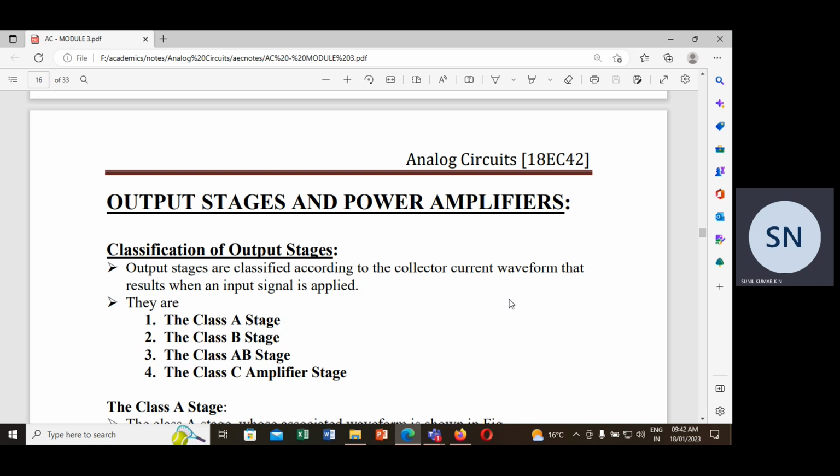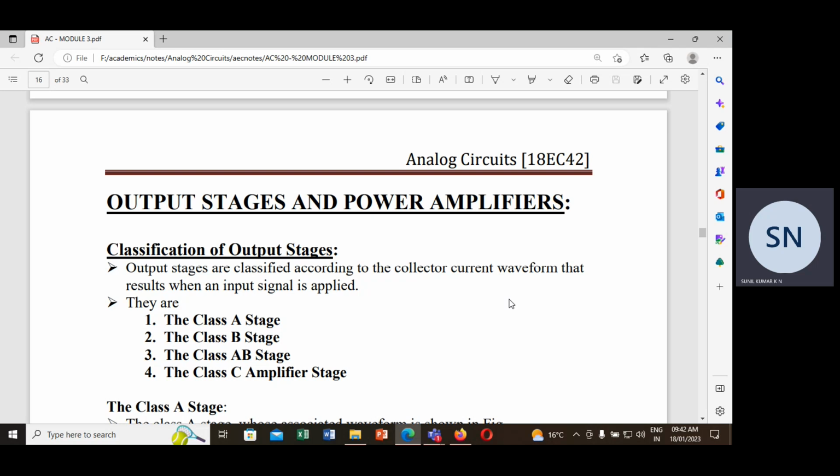After that, it will be given to the final output, which is nothing but the output stage of the amplifier, which we are now dealing with. This output stage will deal with a large signal as input.